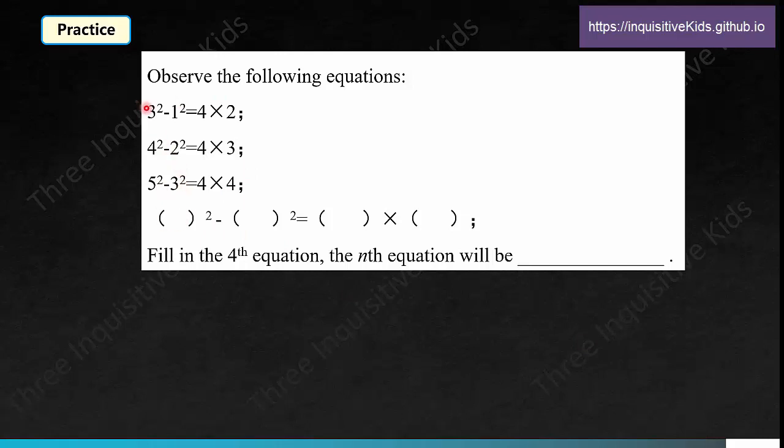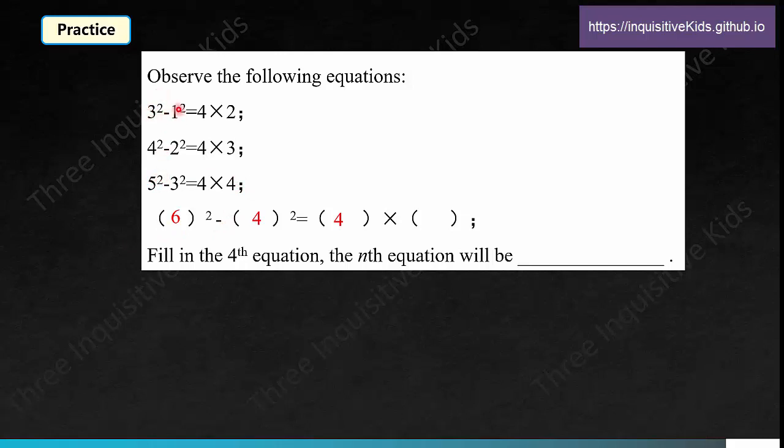Well, over here there's 3, 4, 5. Then after 5, there's a 6. 6 squared minus, of course, 4 squared, will be equal to 4, that never seems to change, times this other factor, which seems to be the number in between the numbers being squared.